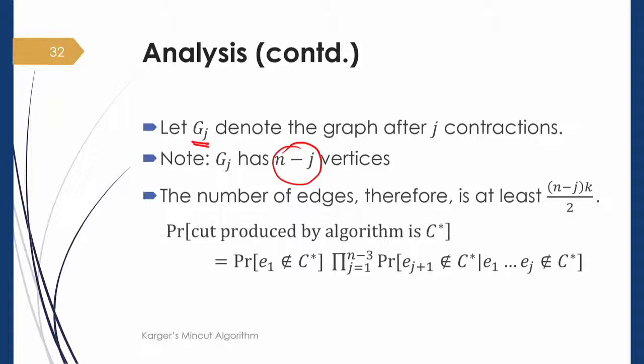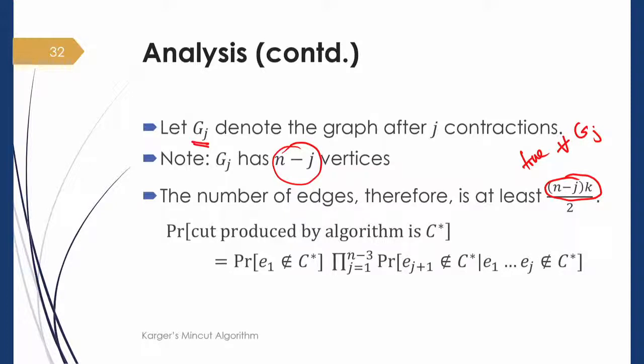So the total degree is n minus j times k, so the number of edges will have to be at least n minus j times k divided by 2. Okay. What does this mean? Now we can start, and this is true for all j. This is true for all Gj.